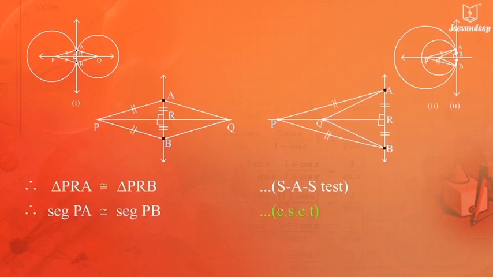Therefore, by CSCT, segment PA is congruent to segment PB, or PA is congruent to PB.